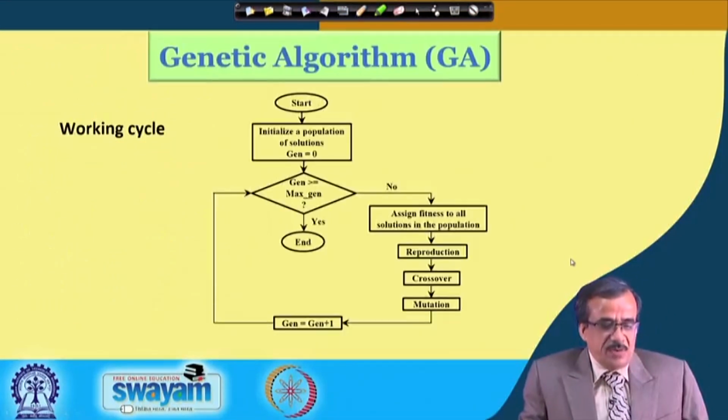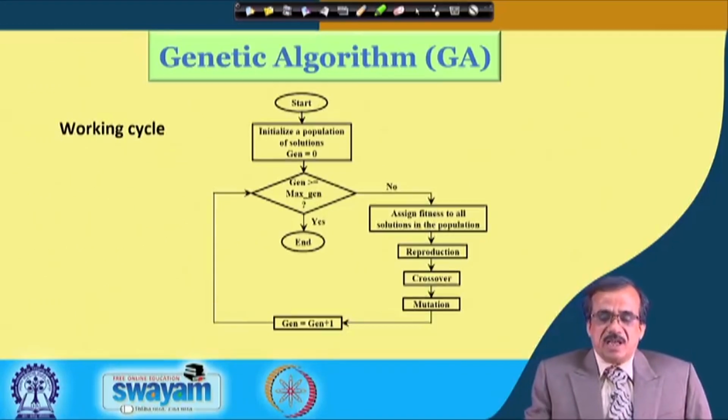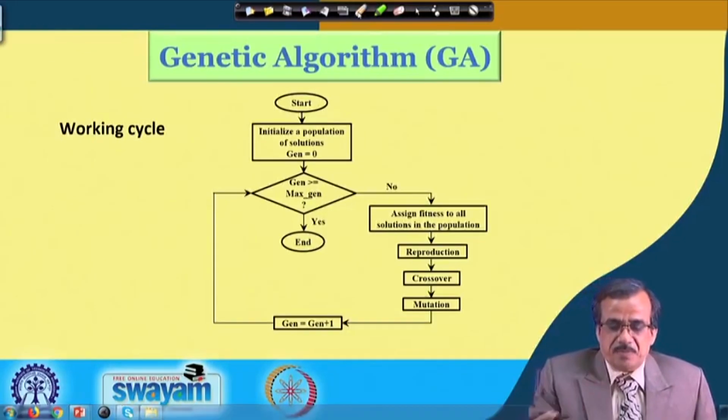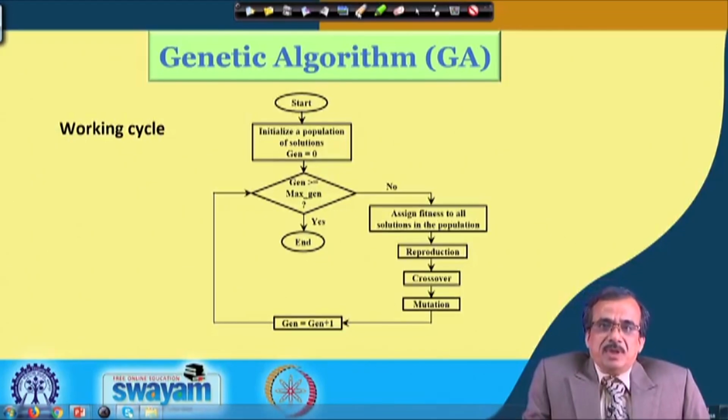So, let me start with the working cycle of a genetic algorithm. As I told, this is not a course on optimization, and I will discuss in brief the working principle of the genetic algorithm.